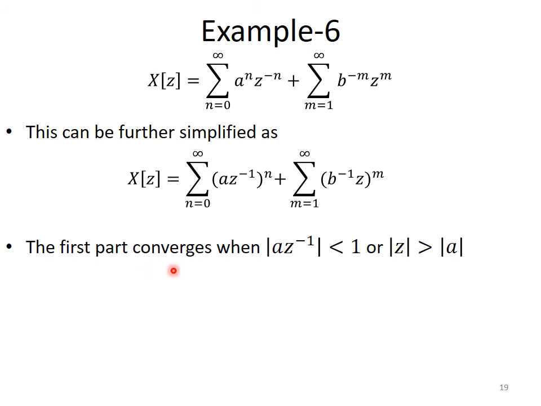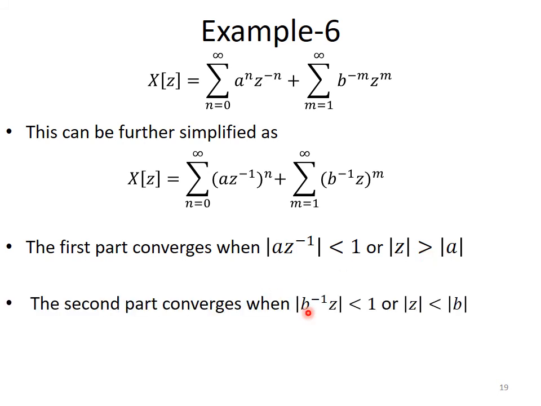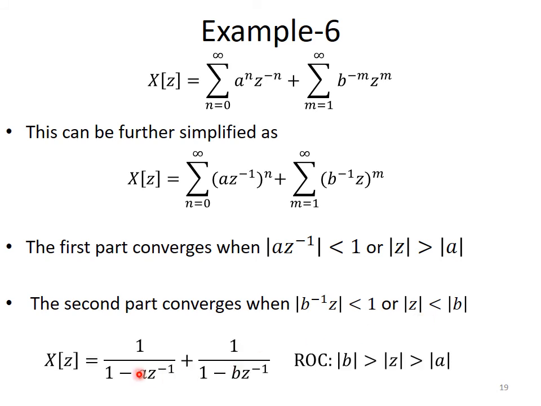So the first part of this series would converge if the magnitude of a into z power minus 1 is less than 1, or in other words magnitude of z is greater than a, and the second part of this series would converge if the magnitude of b power minus 1 into z is less than 1, or in other words magnitude of z is less than b. So X of z is equal to 1 upon 1 minus a into z power minus 1, plus 1 upon 1 minus b into z power minus 1, and the region of convergence is magnitude of z less than magnitude of b and magnitude of z greater than magnitude of a.